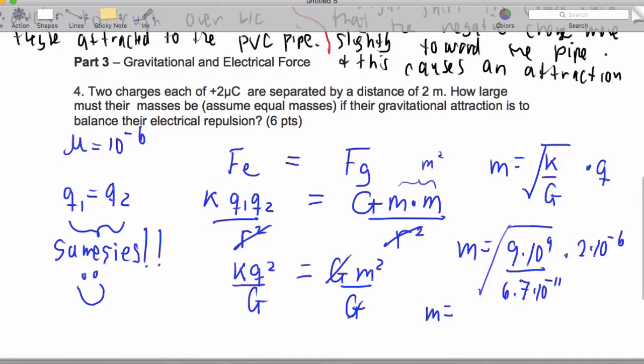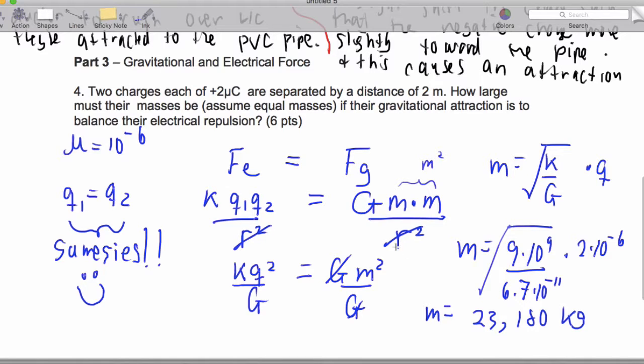So, with this in mind, I will actually multiply this out, and we'll see what we get. 9 times 10 to the 9th divided by 6.7 times 10 to the negative 11th, that under a square root times 2 times 10 to the negative 6th gives me, wow, 23,180 kilograms.